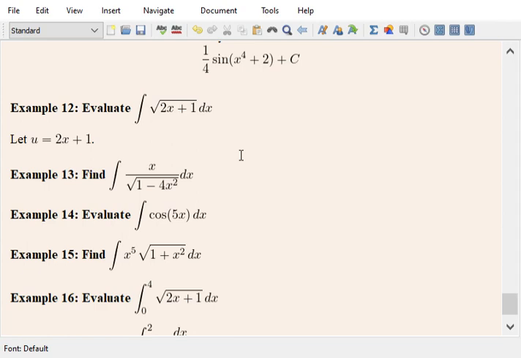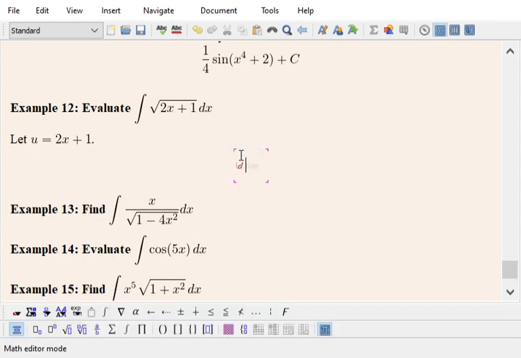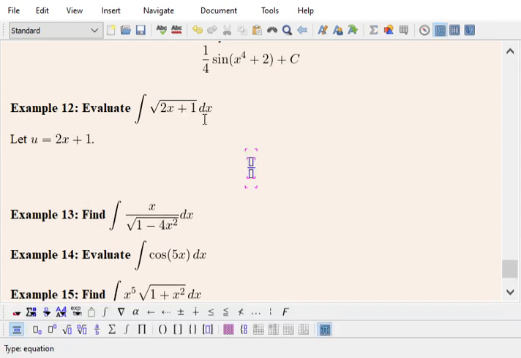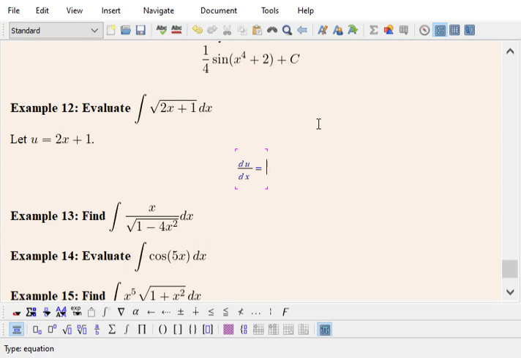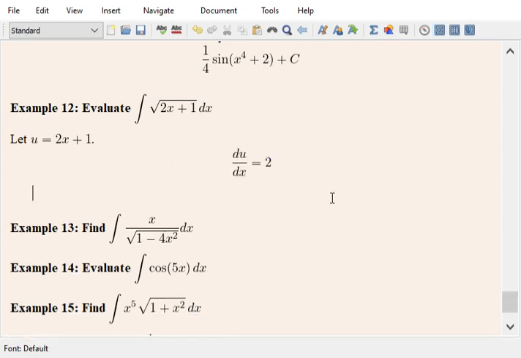What do we want to do next? Well, we want to differentiate so that we can solve for dx, right? We got to get that dx out of there. That's what we really need, because we can't integrate with respect to the new variable until this dx has somehow been replaced with a du. So what's the derivative of this? It's just 2. Okay.